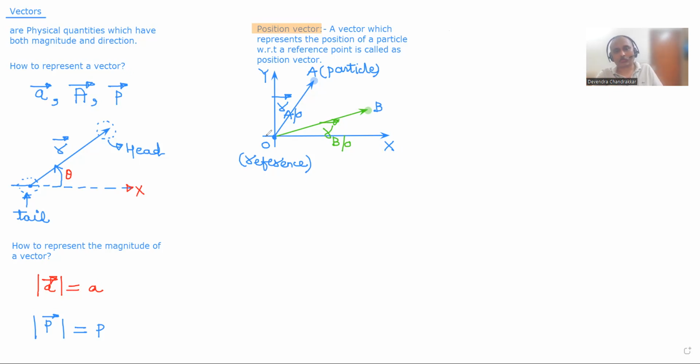So with respect to O, how to write the position of A? How to draw the position vector of A? For example, both of you look at your left hand bottom corner of the room. Just identify that bottom corner. Identified?